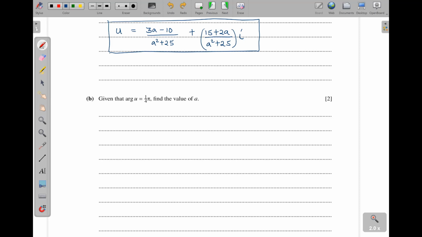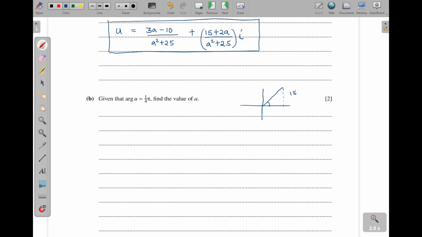Then next, part B: given that the argument of u is pi over 4, find the value of a. Now that means this one is found in the first quadrant, okay? Because the angle here is positive. So we need the y value, or what we call the imaginary part here.